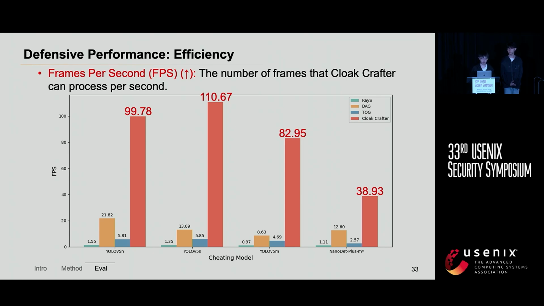The frames per second here is now the refresh rate in modern FPS games. It directly demonstrates the efficiency of our approach in generating refined clocks. So it is the refined clock generation speed. Although some other methods can achieve high defense success rates, as shown in the previous slide, only our clock crafter can still maintain a high FPS.